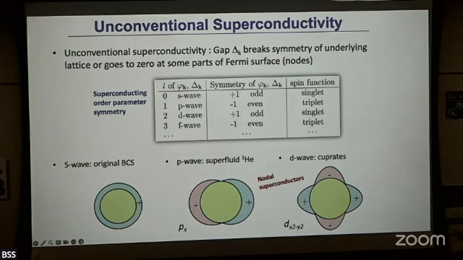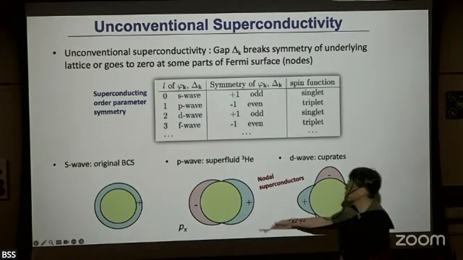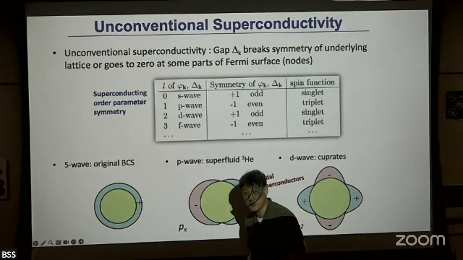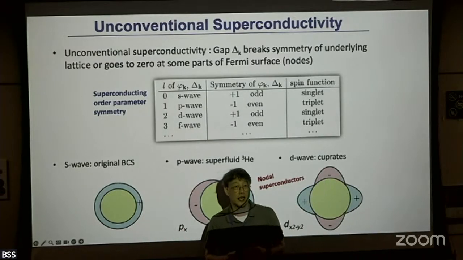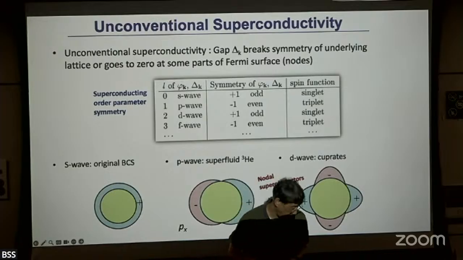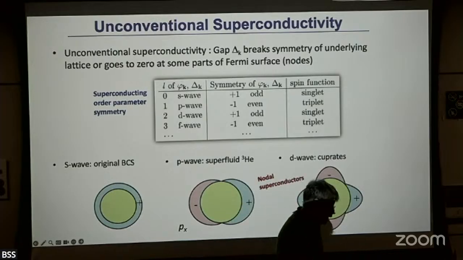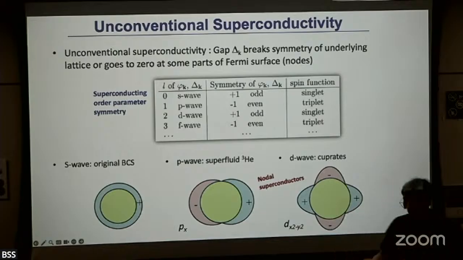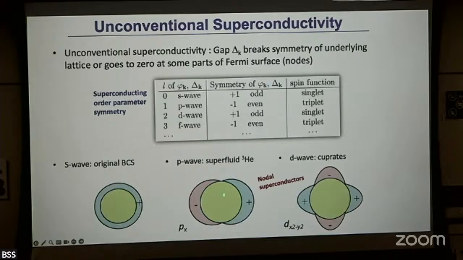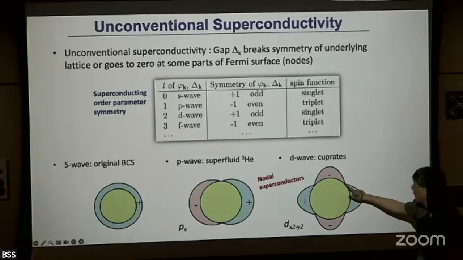But then if it is logical in 2D, there might be a P-wave type of symmetry. There are various different types of order parameter symmetry. One important thing is that away from S-wave, there is always a nodal point in the superconducting order parameter, which means that at finite temperature, the superconducting gap closes down somewhere in your momentum space.